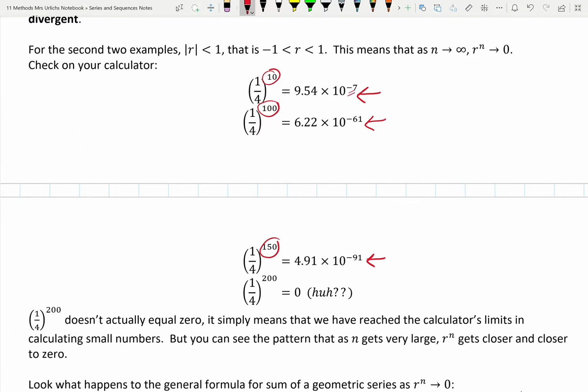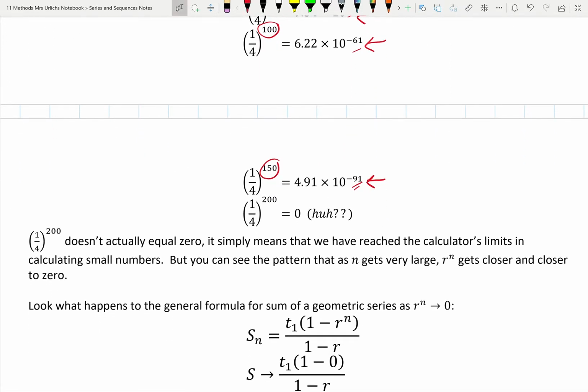We've got to move the decimal point 7 places to the left, or 61 places, or 91 places to the left. Eventually, if we put a quarter to the power of 200 into our calculator, it will tell us that it's 0. But we should be careful to recognize that it's not actually 0. It just means the calculator can't calculate any more, so it says, I give up, it's 0.